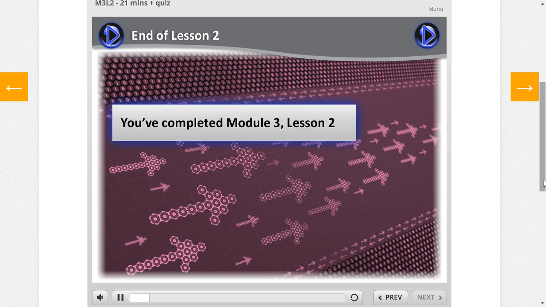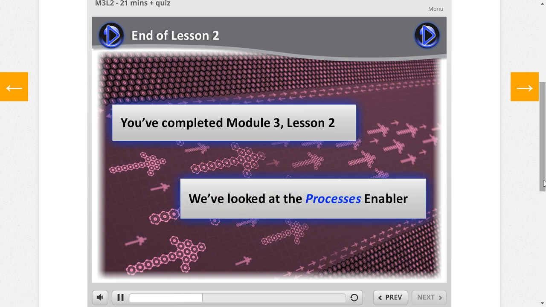Okay, that completes this lesson on the process enabler. You've learned about a number of things, including the process enabler dimensions and the structure and content of process definitions. Before we complete this lesson, here's a quick quiz to test what you've learned. At the end of the quiz, you'll receive your result and can try the questions again if you would like to.